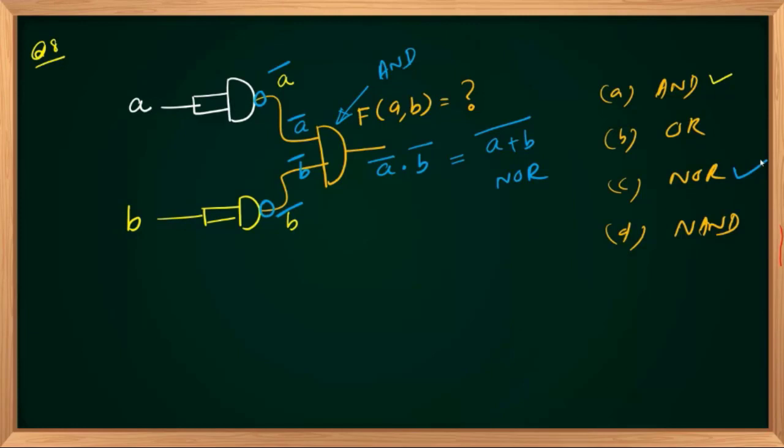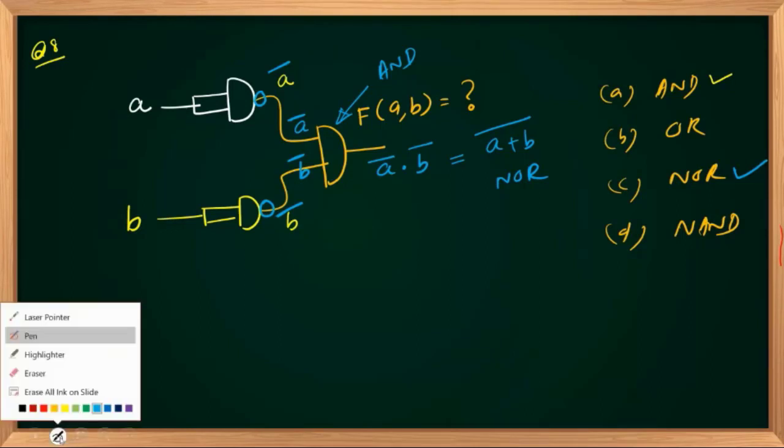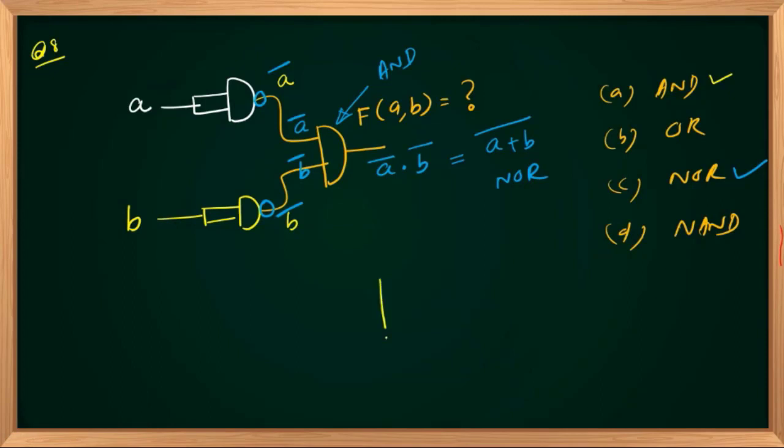Another technique mentioned in the chat was that bubbled AND is equal to NOR. Correct. That is also right. What he was trying to say is the last gate was AND, right? This is a NOT gate actually. So I can replace that with a bubble, right?